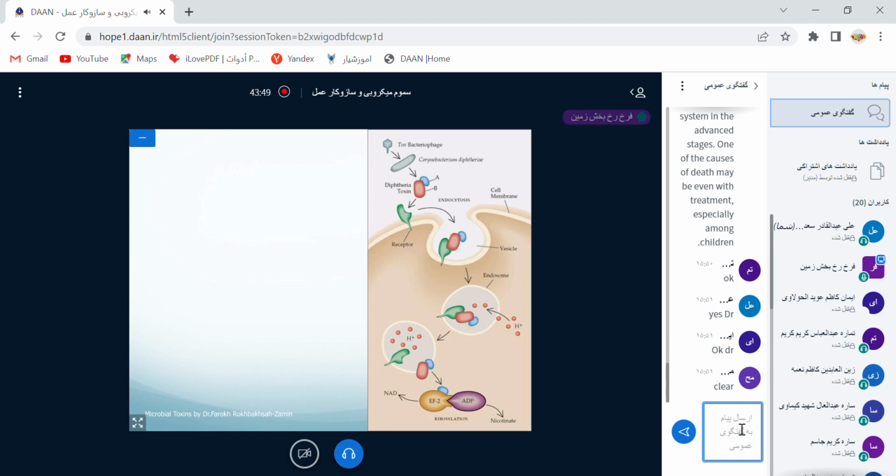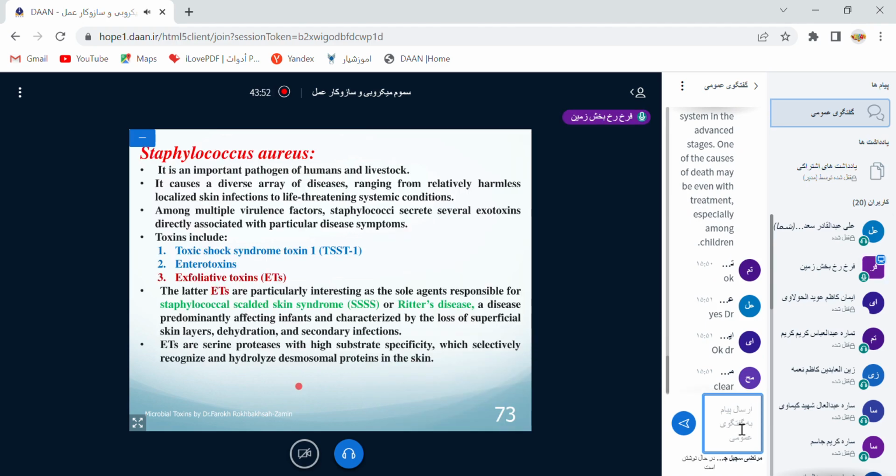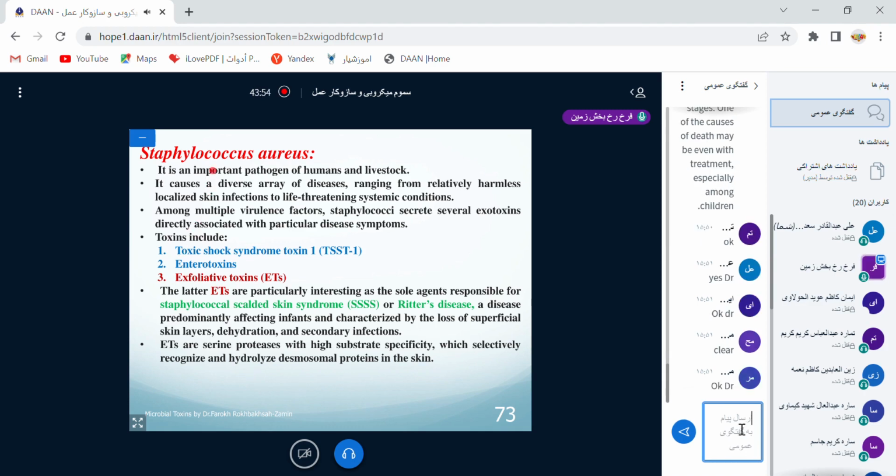Now, as much as we have time, we go through a new toxin. There is one bacterium which you know, and its name is Staphylococcus aureus. It is an important pathogen of human and livestock, and of some animals.